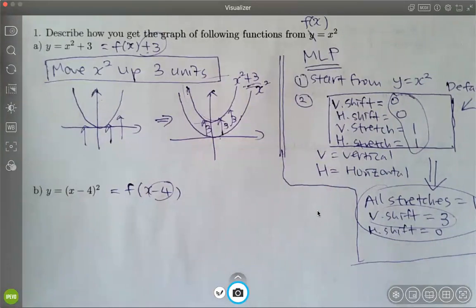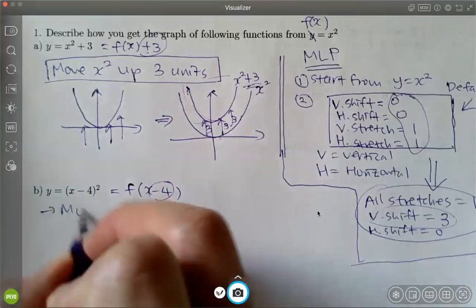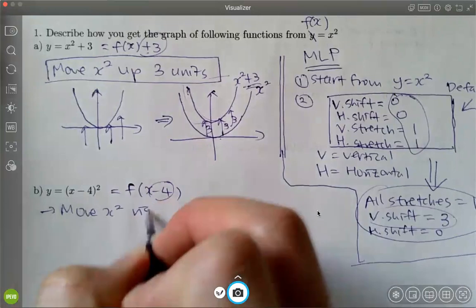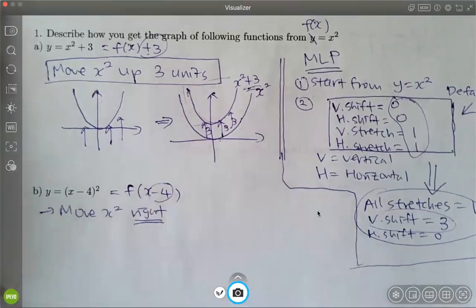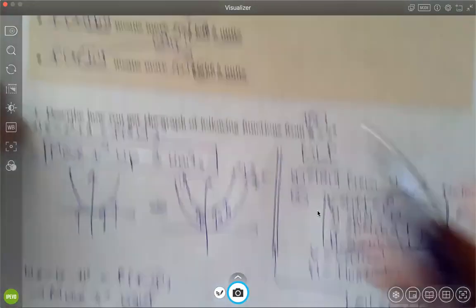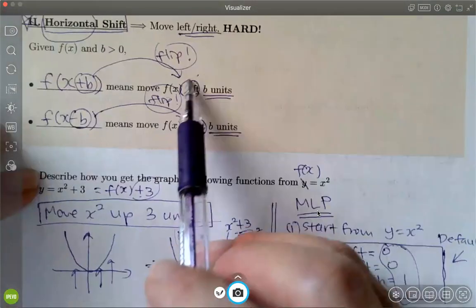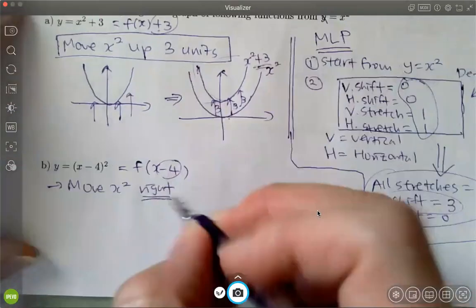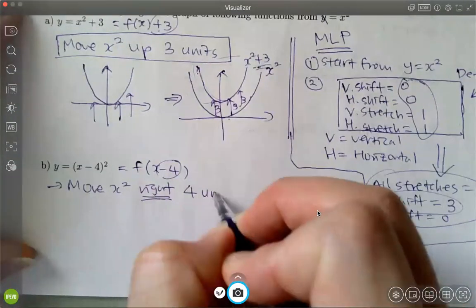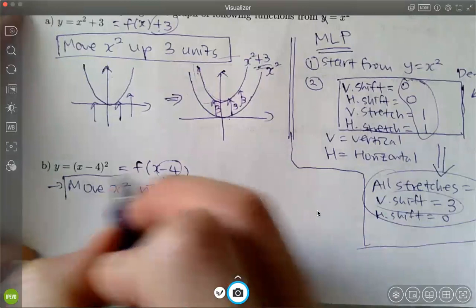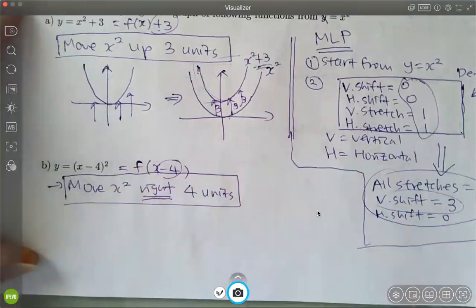But remember, for the horizontal, you have to think backwards, right? So what does that mean? Go right, right? Remember, for the horizontal, you always have to think backwards, okay? So move x squared right 4 units, okay? So that is the change that has been applied to x squared.